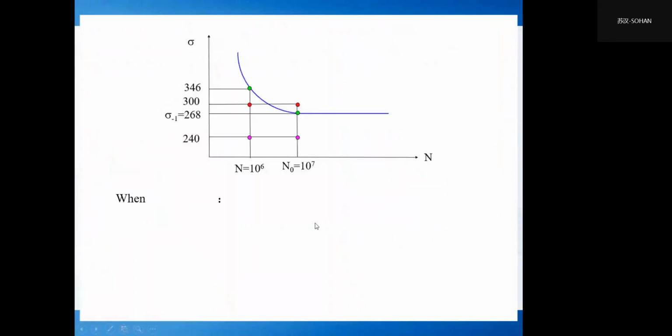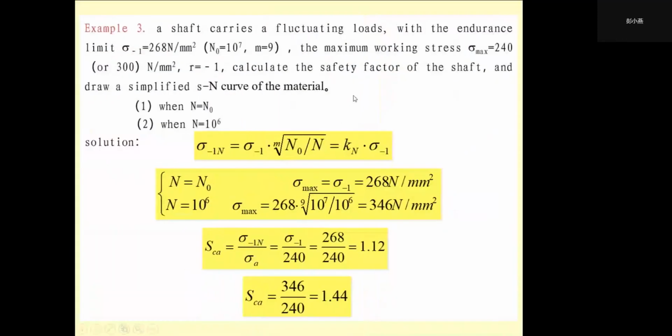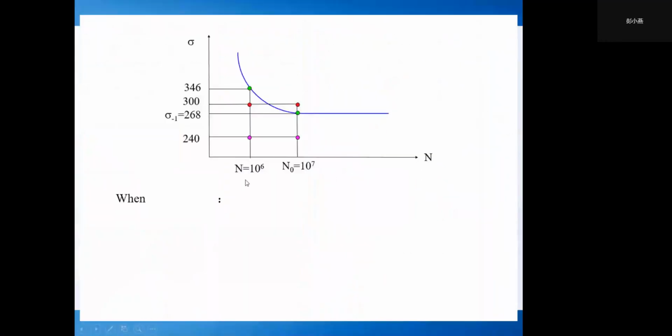And this is for the maximum stress of 240. And when the maximum stress is 300, let me see.